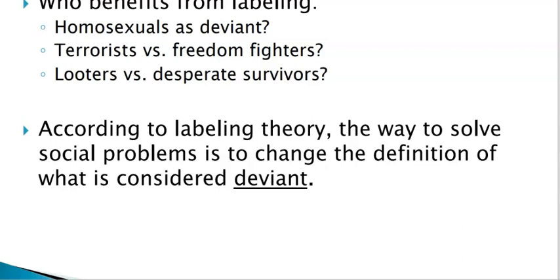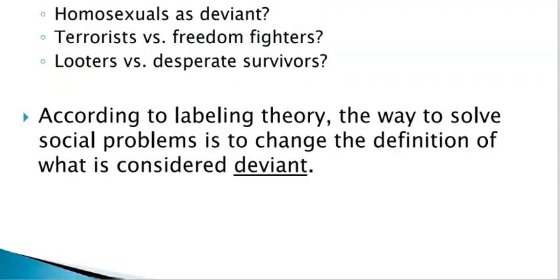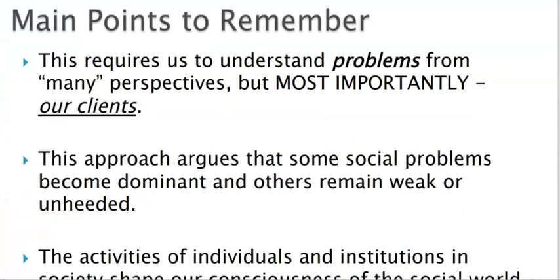So according to labeling theory, the way to solve social problems is to change the definition of what is considered deviant. So main points to remember. This requires us to understand problems from many perspectives, but most importantly, the perspective of our clients.